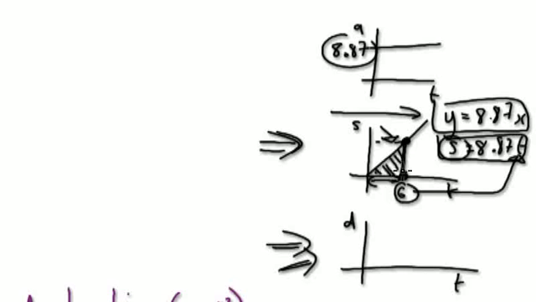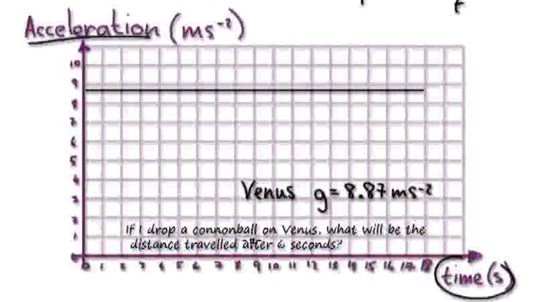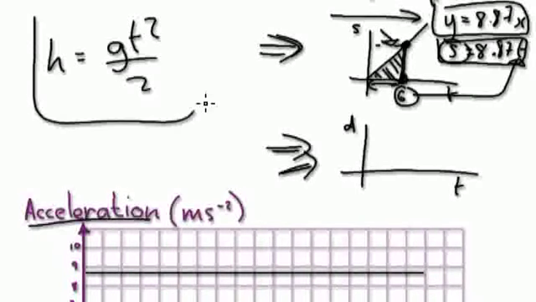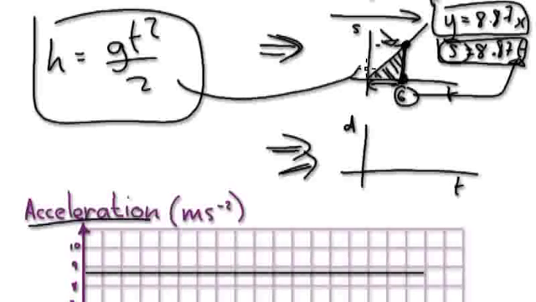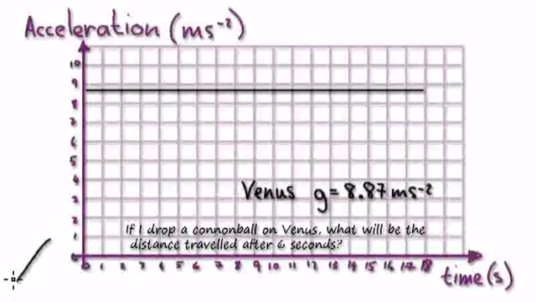Work out the area underneath, and that will tell you the distance traveled after 6 seconds. Or you can use that magical formula, gt squared over 2, which is actually the same as working out the area underneath the speed time graph. Do whatever you have to do. So press pause and have a go.